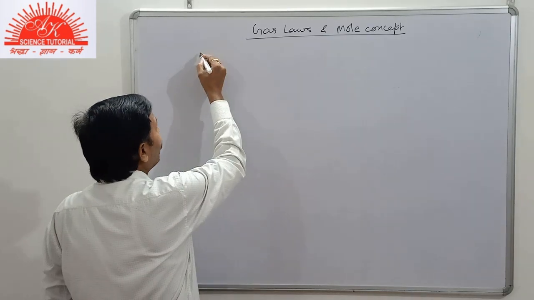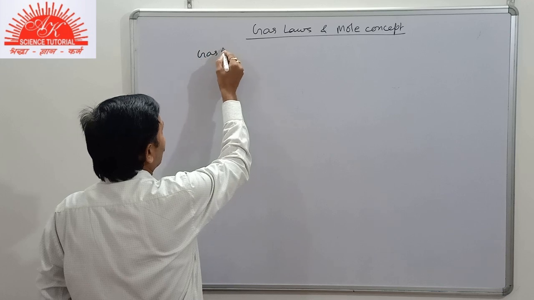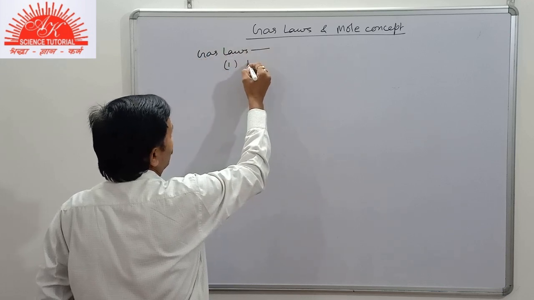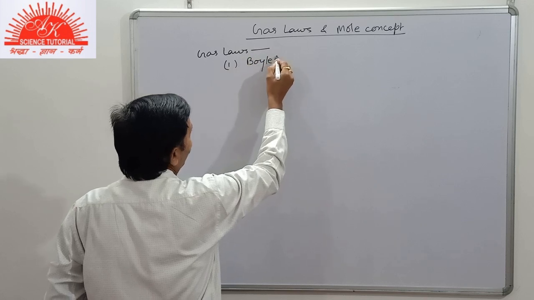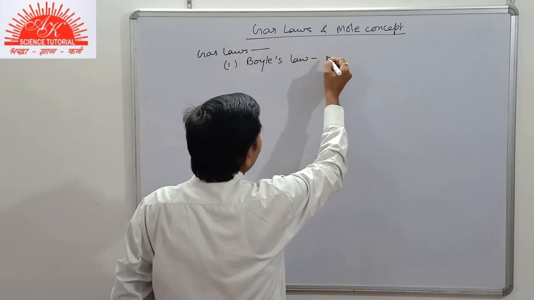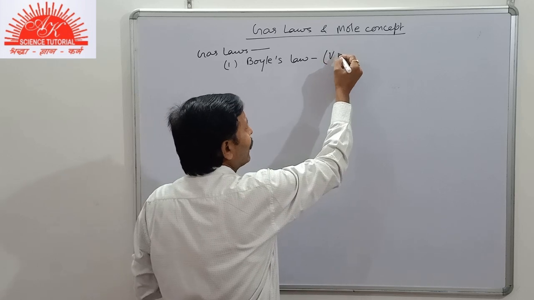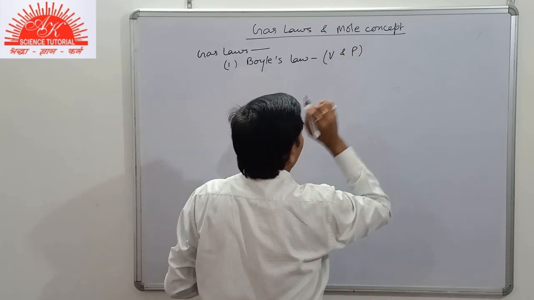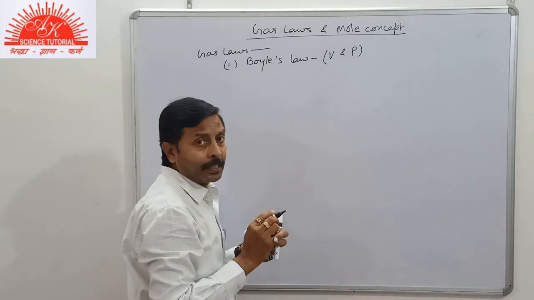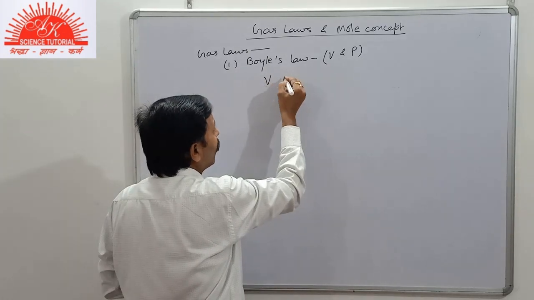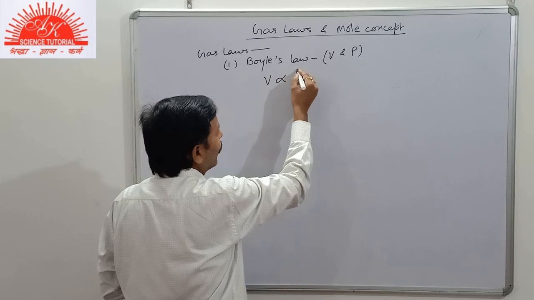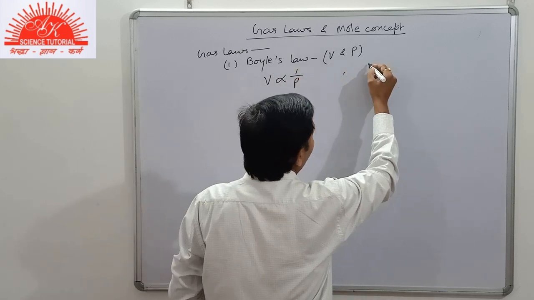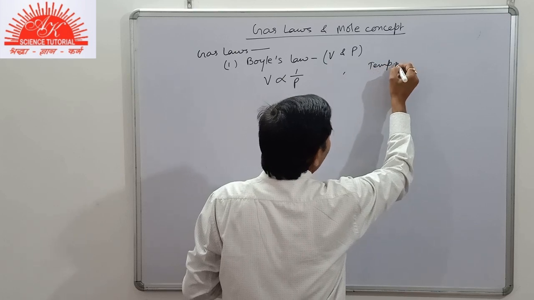According to the gas laws studied in class 9th, first was Boyle's law. Boyle's law relates volume and pressure at constant temperature, and we have studied that the volume of a given mass of dry gas is inversely proportional to the pressure applied on it, keeping temperature constant.